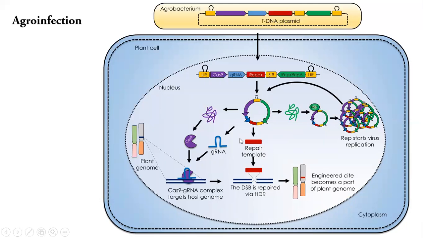This genome can be inserted using the CRISPR-Cas9 gRNA complex targeting the host genome, where this type of integration is possible, and basically this engineered site becomes a part of the plant genome. This is the main thing for which we generally use agro infection.